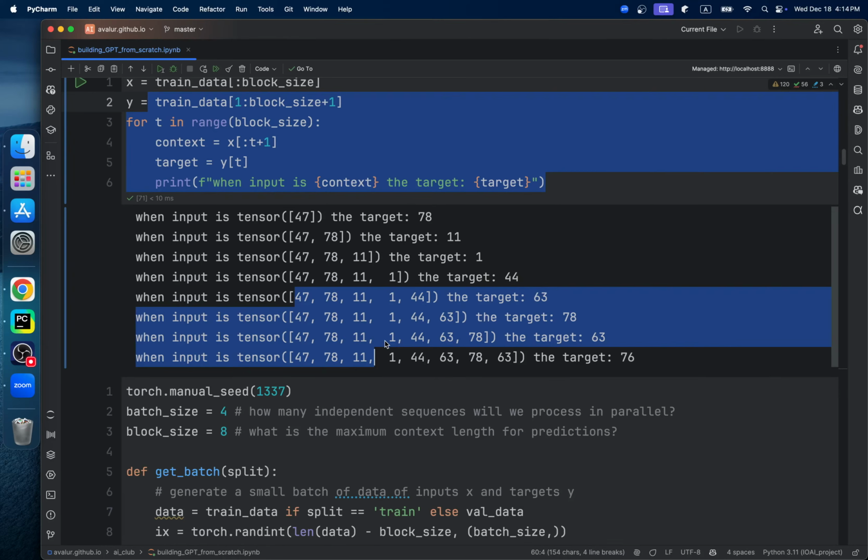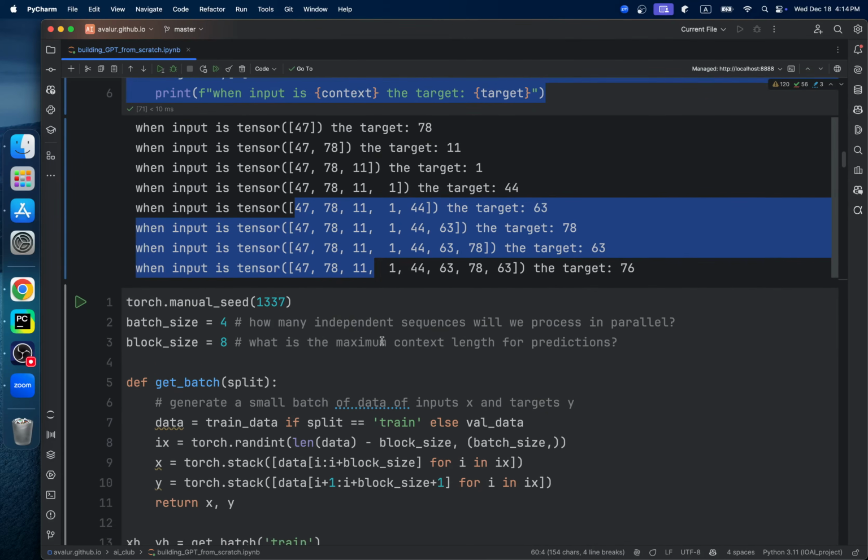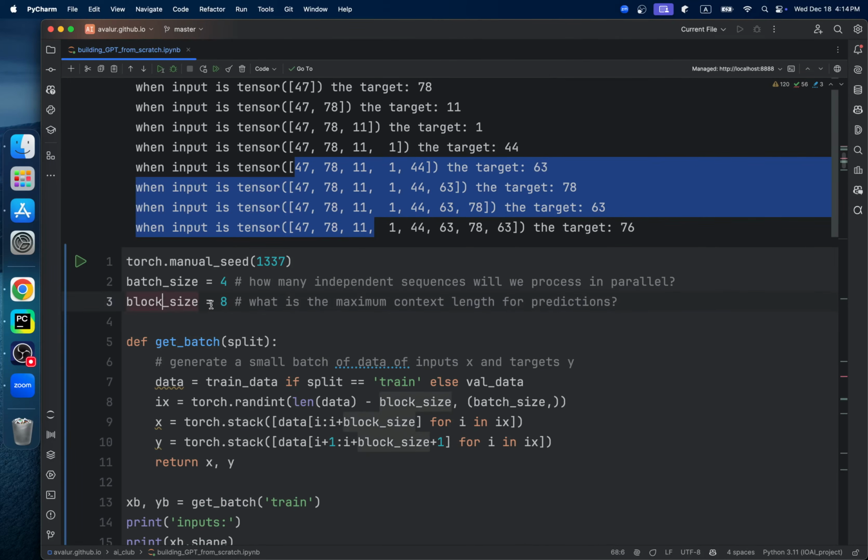And now we go on. Together with block size, which will be 8 for us, we should specify the batch size. The batch size is the number of independent sequences which we will process in parallel, so we can count all the losses independently for all the elements in the batch.